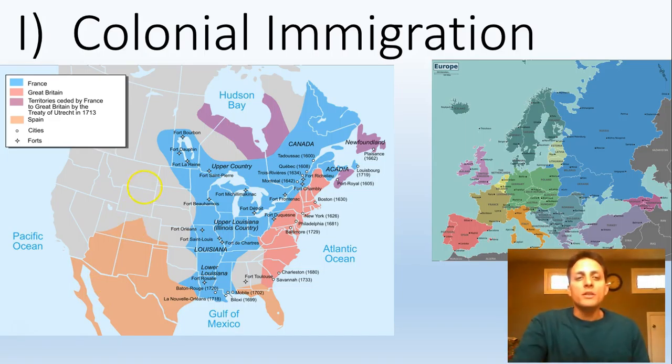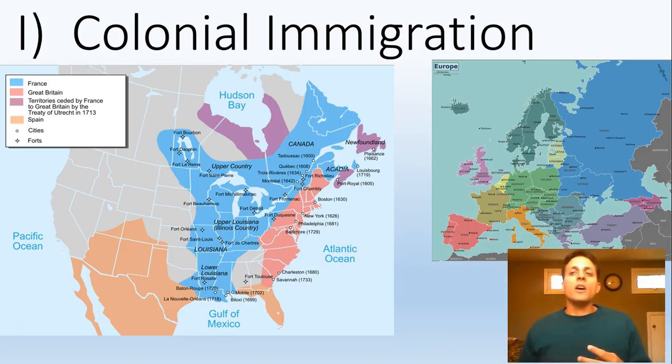You have the Spanish, who are colonizing South America, Central America, and what becomes the southwest of our country. You have the French, who are colonizing what's Middle America and Canada. And then you have the British, who are colonizing the East Coast and also parts of Canada. So there's different European powers that are fighting for colonial dominance here.